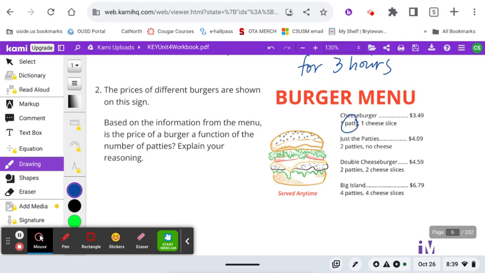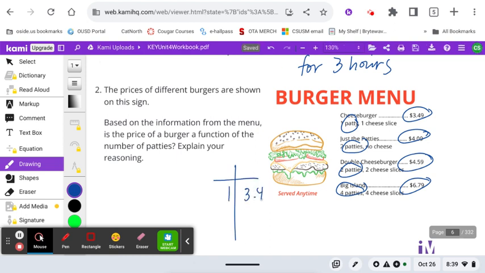So 1 patty, price, 2 patties, price, 2 patties, another price, 4 patties here. So if we were doing a little input-output table, we would say 1 patty has this, 2 patties has this, but 2 patties also has this. And so for every input, there can only be one output, but ours has 2 outputs. 2 patties has 2 different prices. And so is this a function of the number of patties?